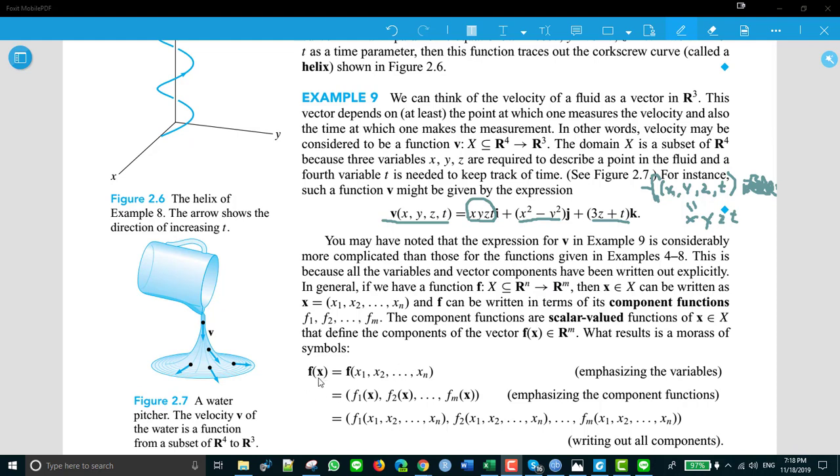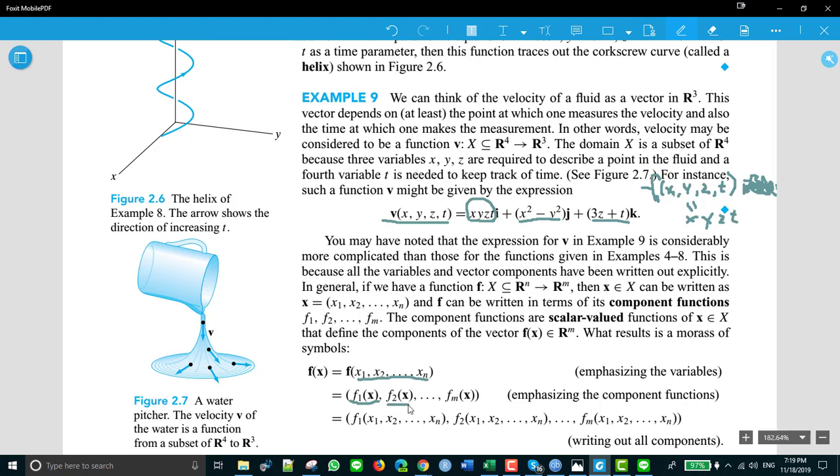So here we have F, its input is a vector in Rn, so they write it out explicitly here. And then we can write the component functions. So this is F1. It's a function of x from Rn, but its output is just a scalar.